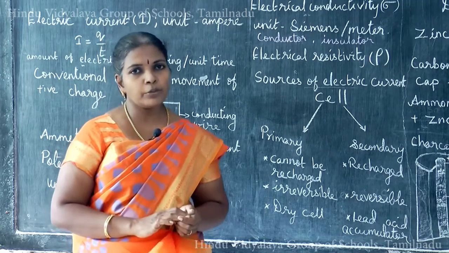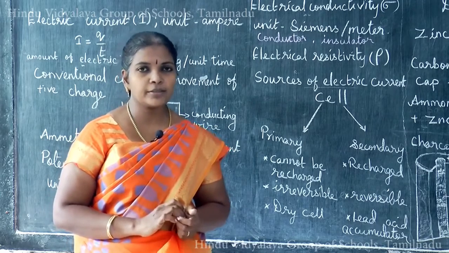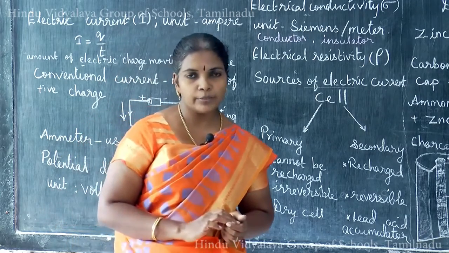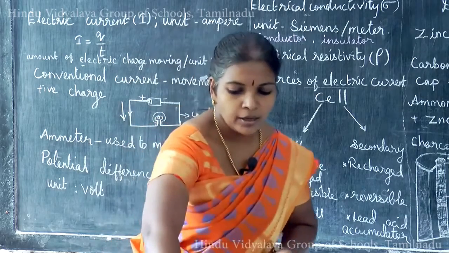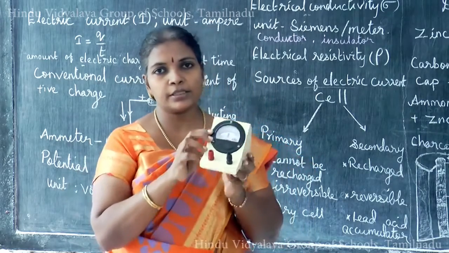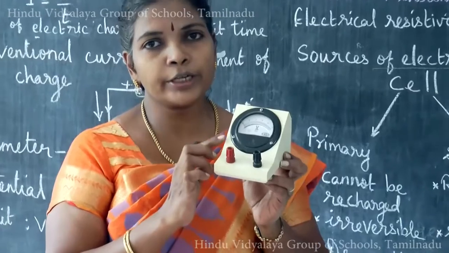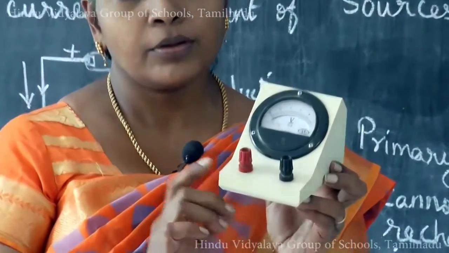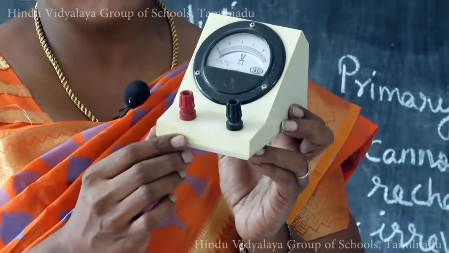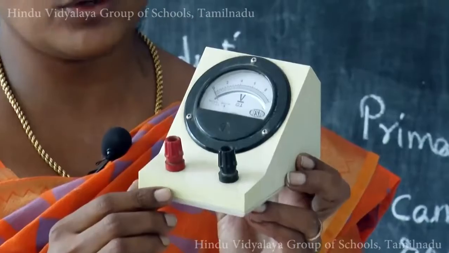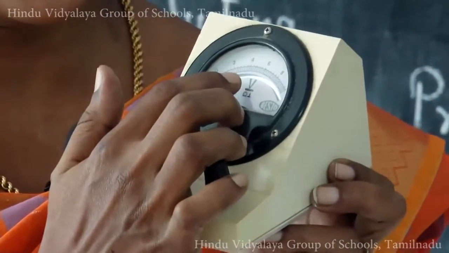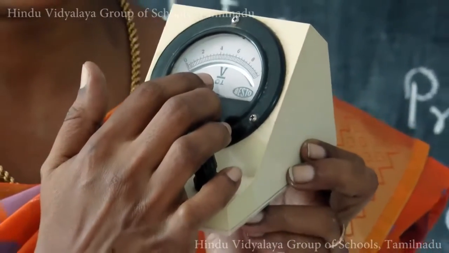Okay. How will you measure potential difference? It is measured by using an instrument called a voltmeter. Voltmeter is used to measure potential difference. And the SI unit of potential difference is volt and the symbol is capital V.